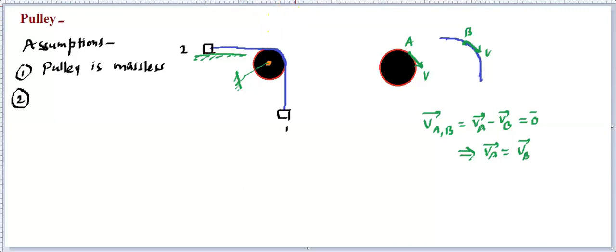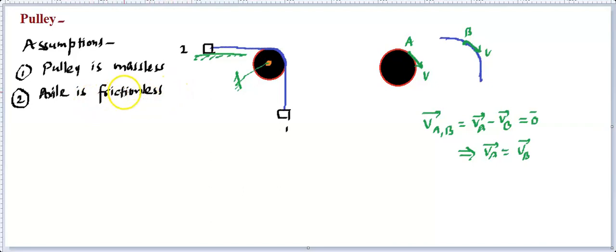Another point that we assume is this: when it is rotating, there is no frictional force acting on this axle or in the rotation. So that's a perfectly smooth rotation. That means on this tension there is no objection from the pulley. So the axle, as we generally call it, is frictionless, that means smooth.